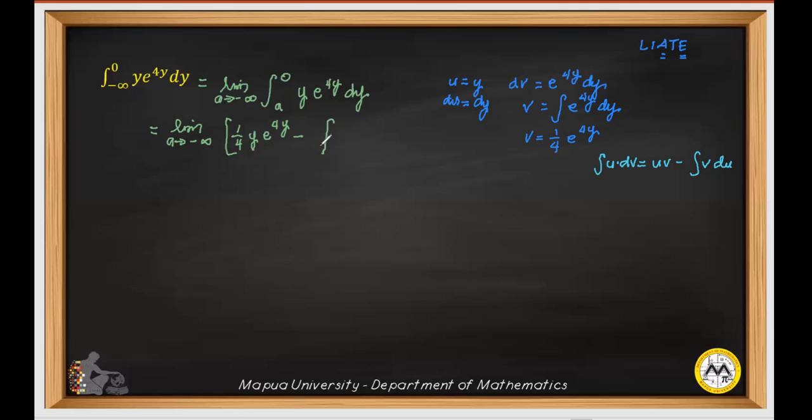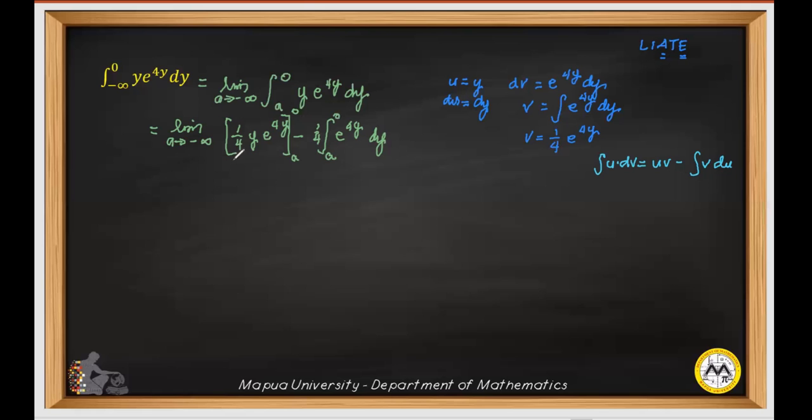So this will give us the integral of 1 over 4. We can write 1 over 4 before the integral sign, e raised to 4y times the differential of y. Of course, this must be evaluated from a to 0. And this integral will be evaluated also from the lower limit a to the upper limit 0.